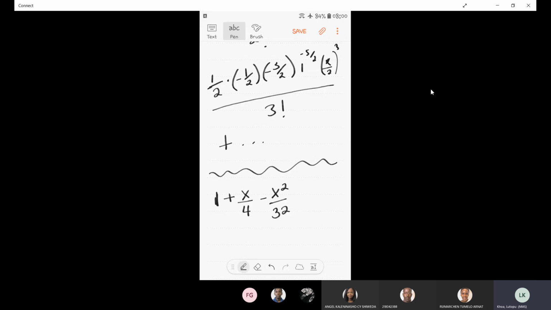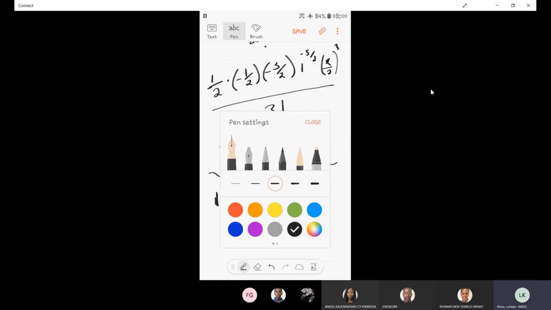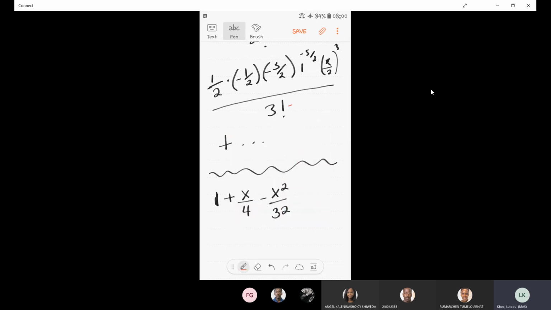let me write that here. Remember that this is equal to 3 times 2 times 1. So this 3 here will cancel with that 3 over there. And then I will be left with 2. So I have 1, 2, 3, 4, 5, 6, 7 2's.